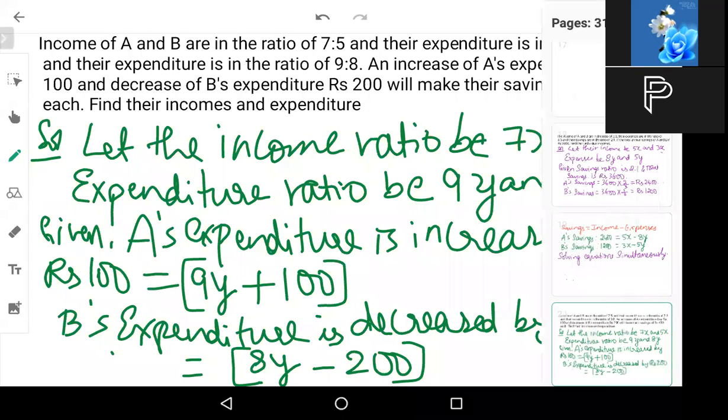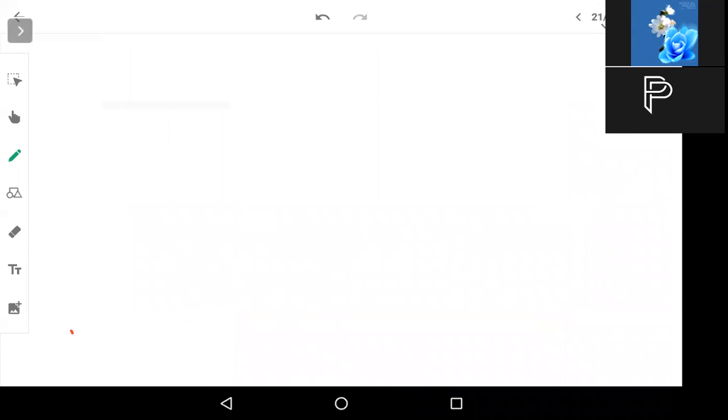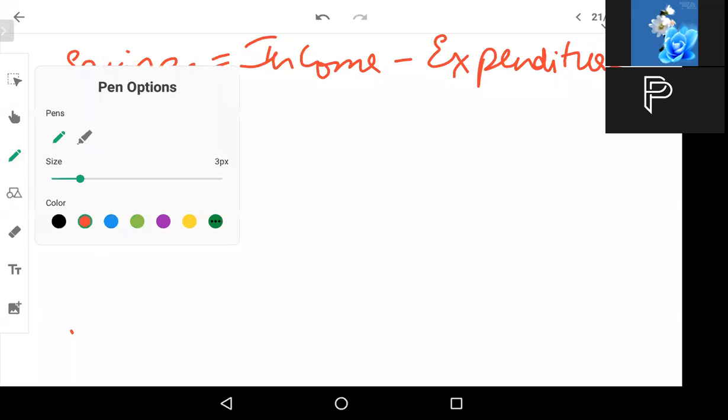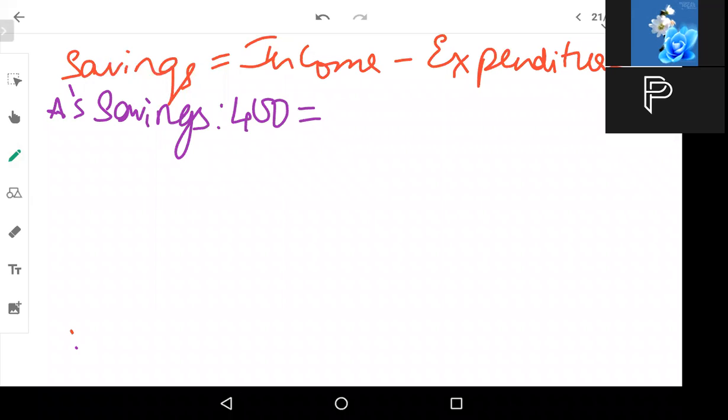Okay, now let us use that formula or the equation. Savings is equal to income minus expenditure. Now in this, A's savings, so they have told that A is gonna save 400 rupees, B is also gonna save 400 rupees, right? So 400 is the savings, and what is the income?